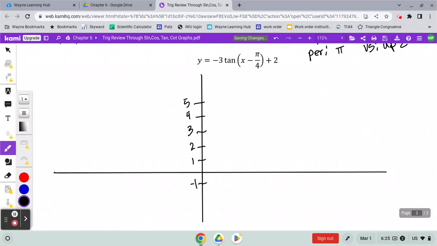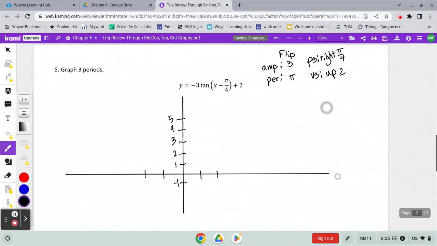Now remember, normally when we graph tan, I go 1, 2 intervals to the right, 1, 2 intervals to the left. Okay, and we know our interval. I think I forgot to mark it, but our interval is pi over 4 because we take the period divided by 4. So that's pi over 4. Then that one's going to be pi over 2. Then this will be the -1 and negative pi over 2.